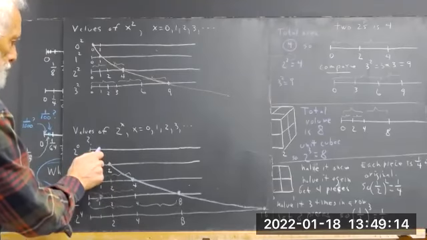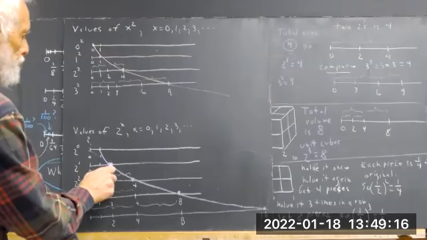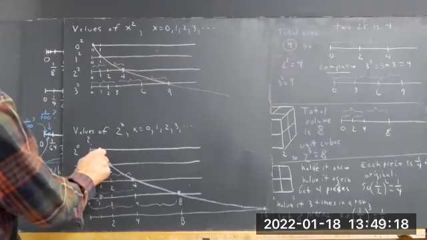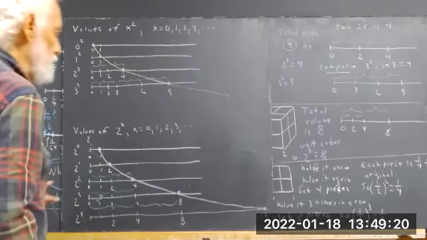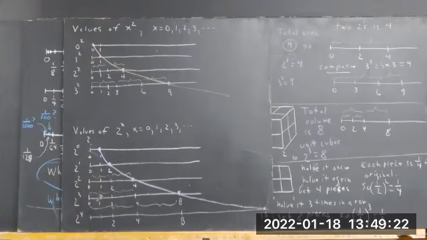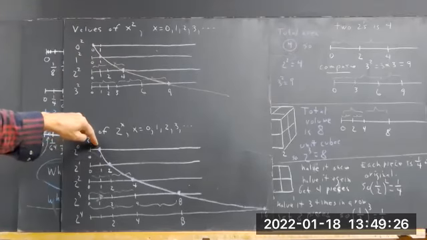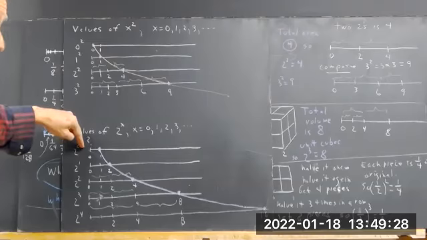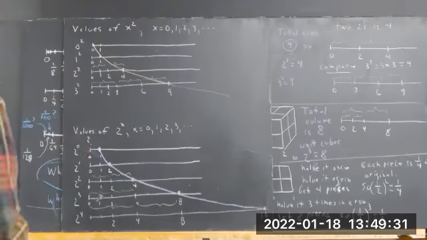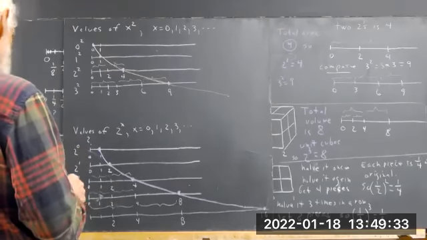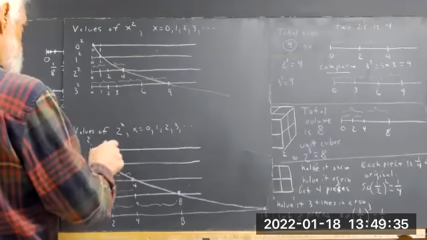It's going to keep getting steeper and steeper. It's going to do something like this. From the pattern, it's more reasonable that this curve should go through the value 1 than the value 0. Okay, and it turns out that 2 to the 0 is 1.